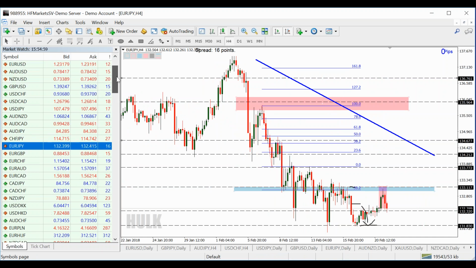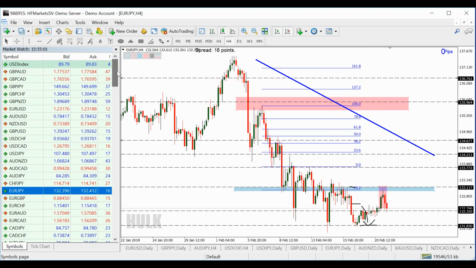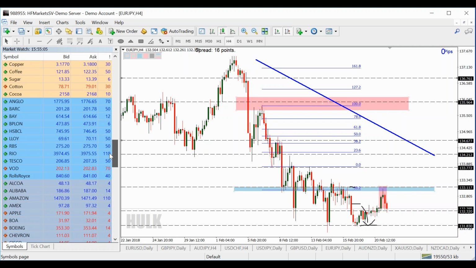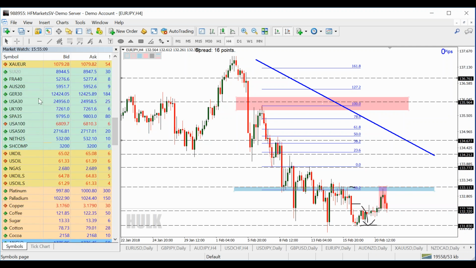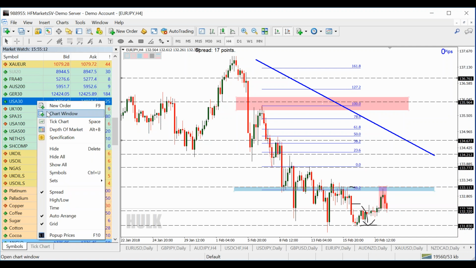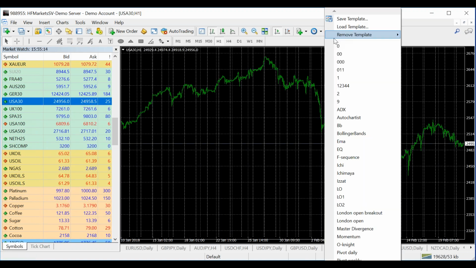One more last one before I stop. Let's look. Not forex, let's look at the stock market. Let's say Germany, USA. DAX.